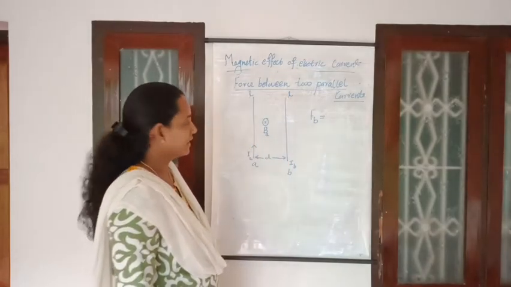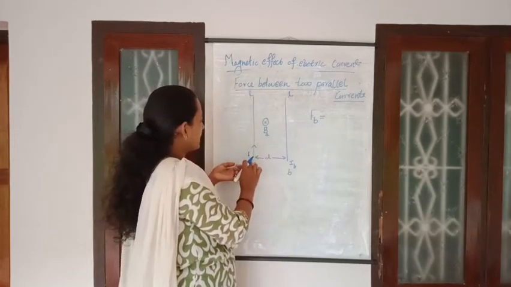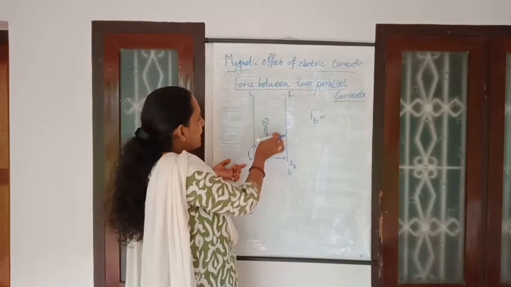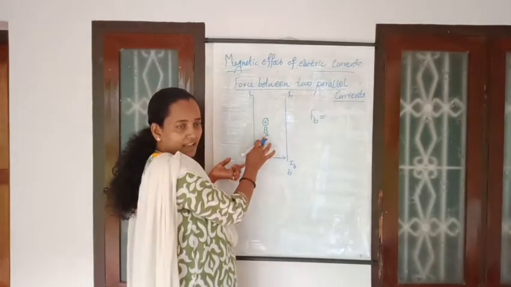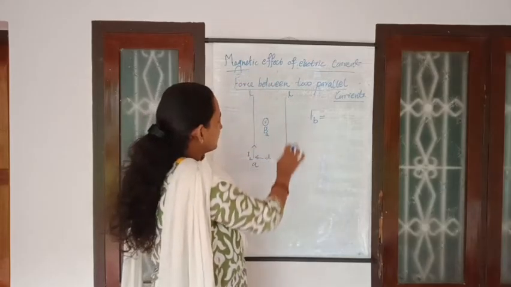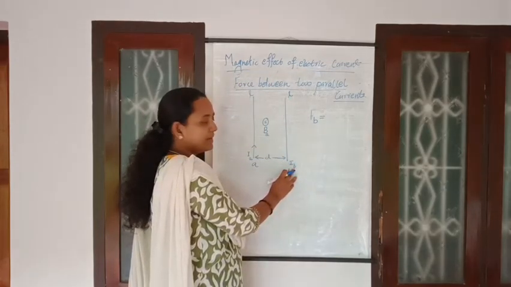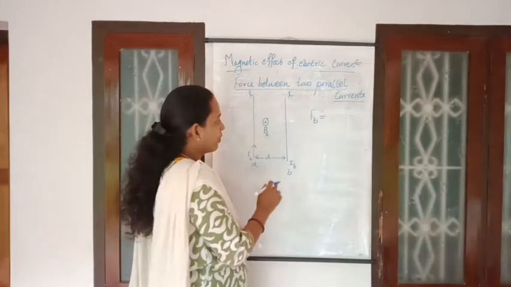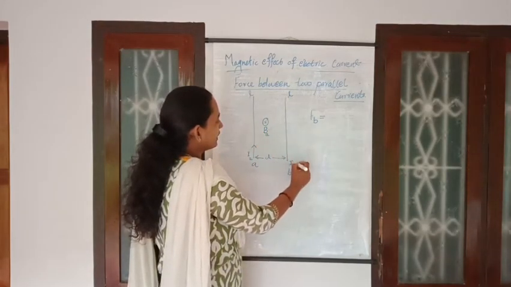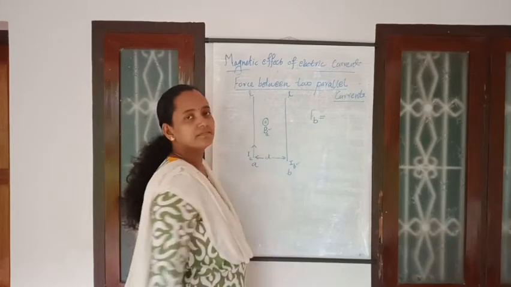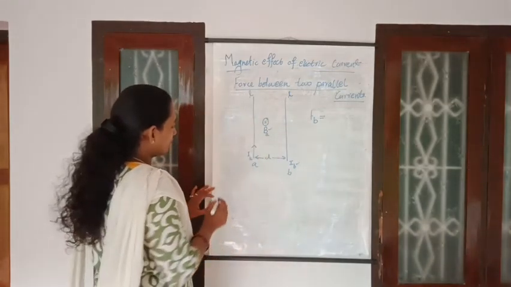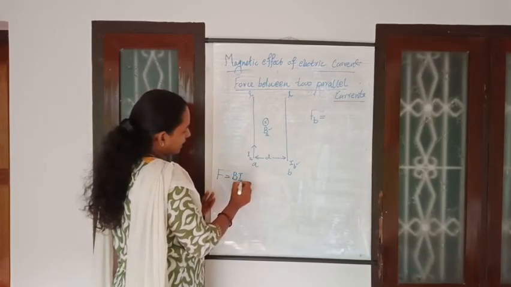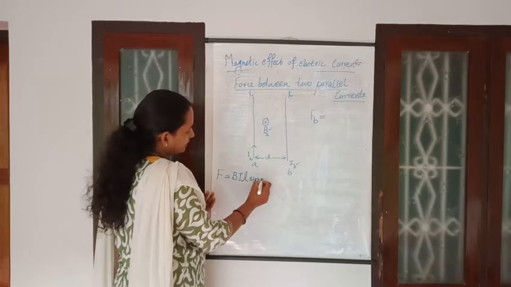Clear the idea? This is the conductor through which a current I of A is passing, producing a magnetic field B of A here. In that magnetic field there is a second conductor with current I of B, which experiences a force due to this magnetic field and this current. What was the formula to find the force? F is equal to BIL sin theta.